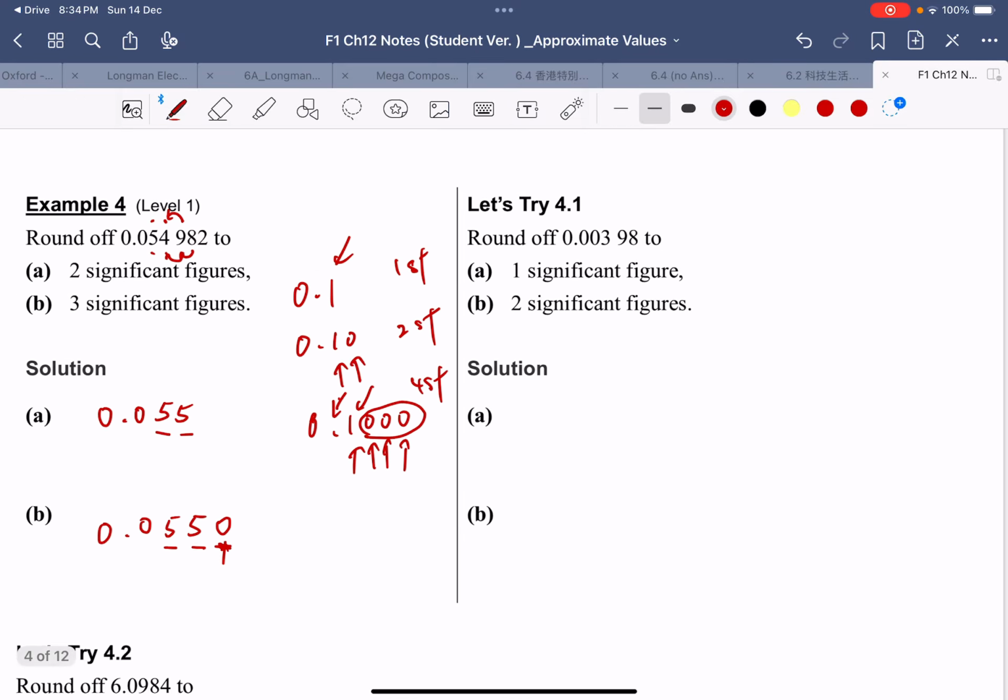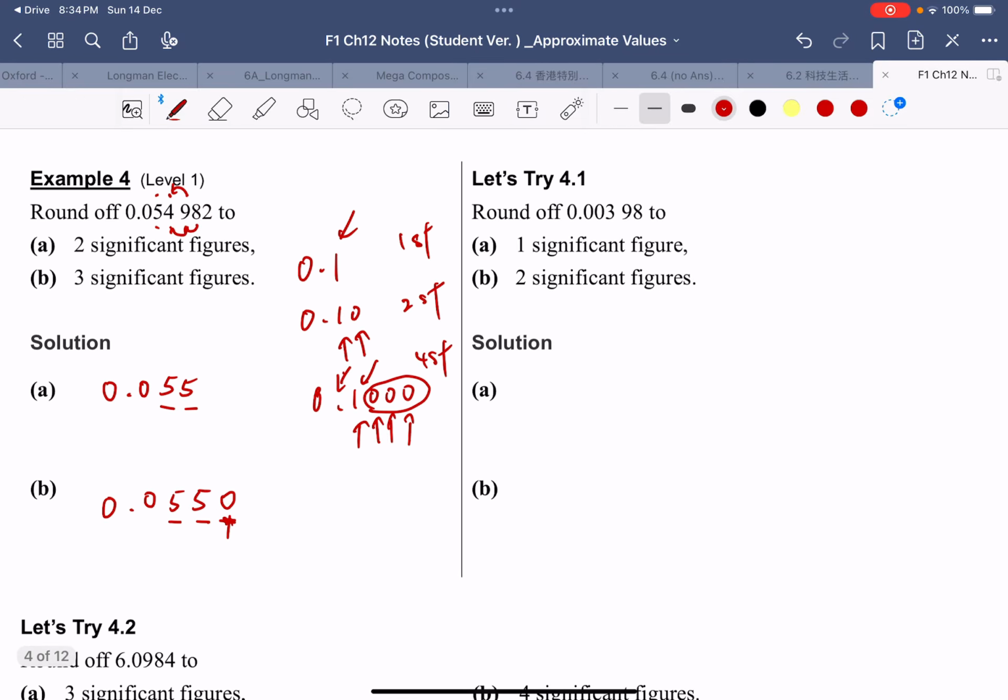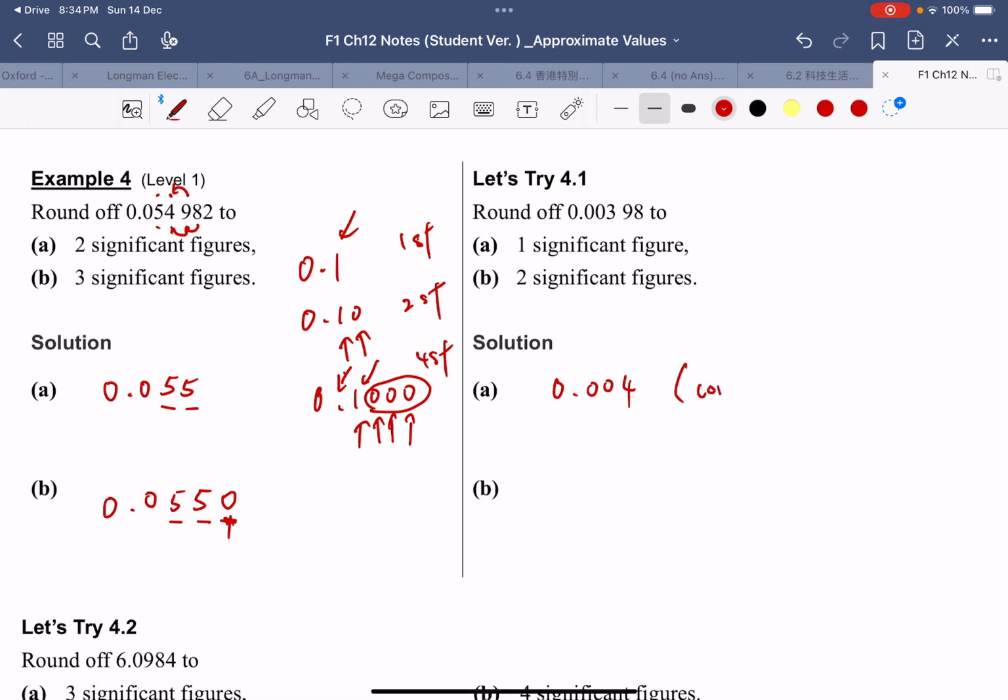Okay, let's try the right hand side. Round off this number to 1 significant figure. Okay, I think you can do it. 0.004. Okay, 1 significant figure. And of course, if you want to present it very well without any chance of deducting marks, you need to correct it to 1 sig fig, like this.